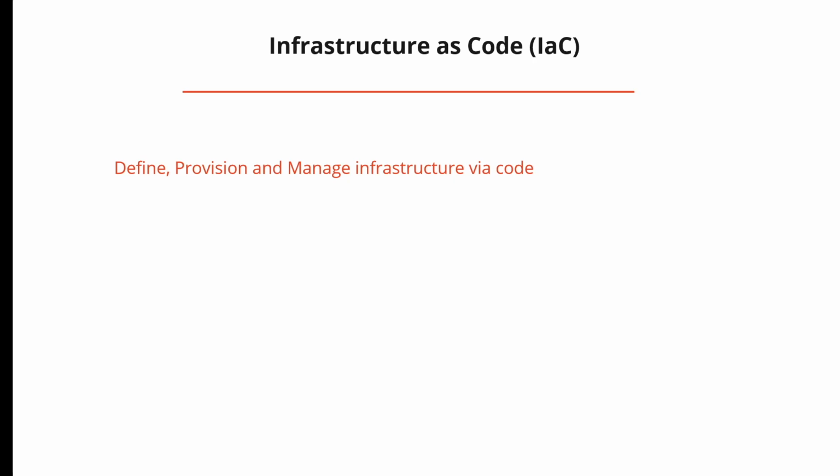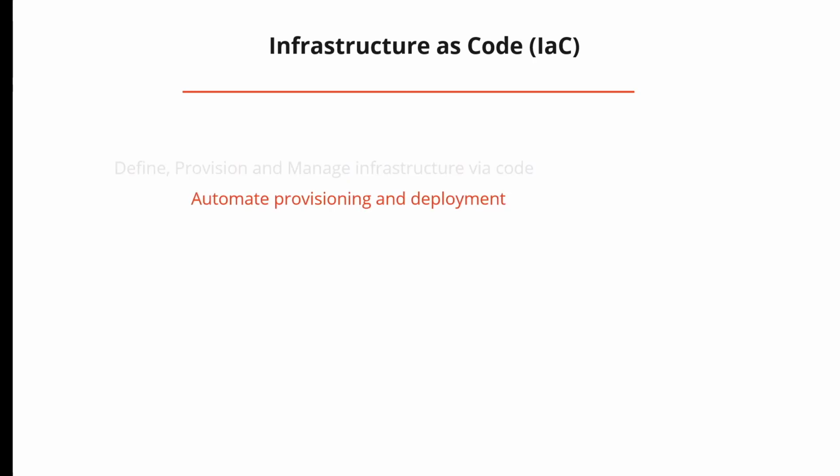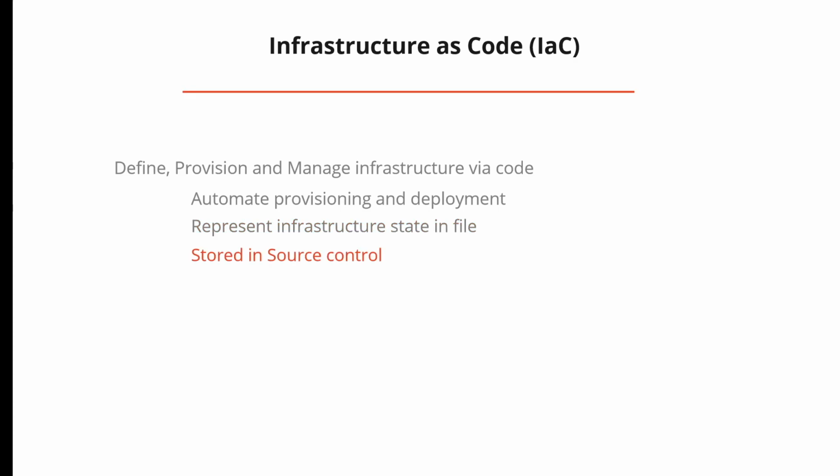So infrastructure as code is defining all those steps that you do in the Management Console through code. It automates the provisioning and deployment, and it is a method where you represent the entire infrastructure state in a file. It's stored in source control.